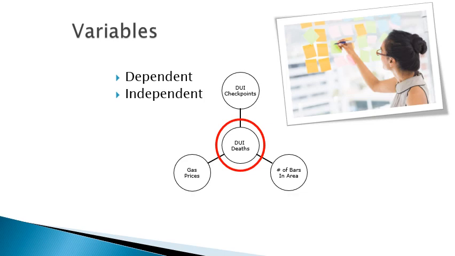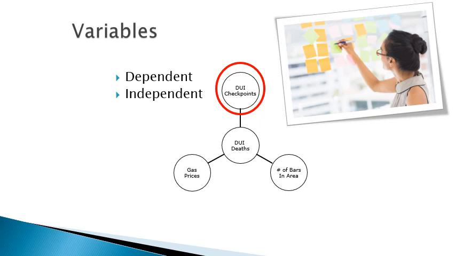Okay, so the way that I see this, because I'm a very visual person, I see the dependent variable always in the center of this model. So in this case, I've got DUI-related fatalities. That's my dependent variable for the research. Then I look at my independent variables, which are all on the outside. So I think in this model that DUI checkpoints may cause a change to the dependent variable, which is DUI-related deaths.